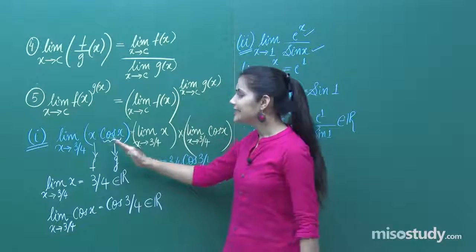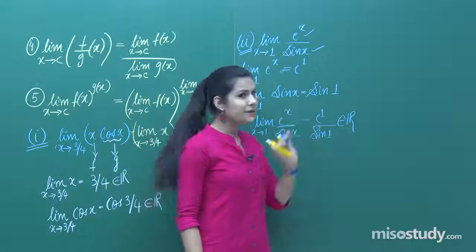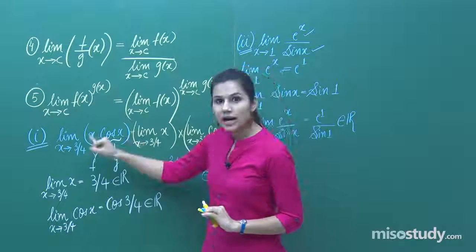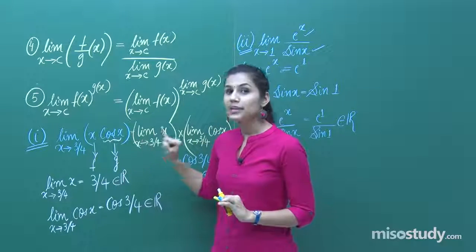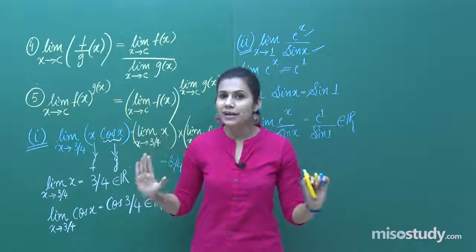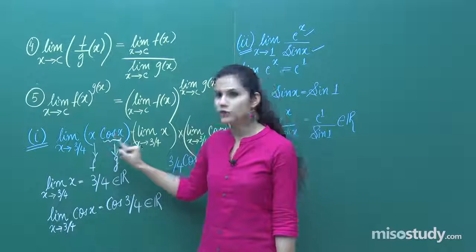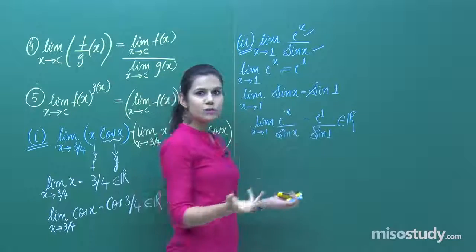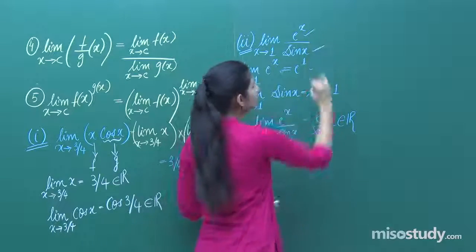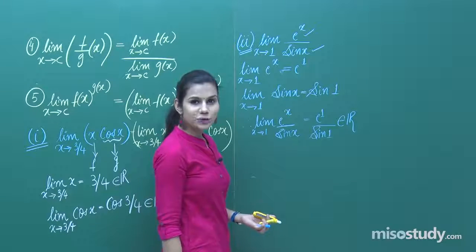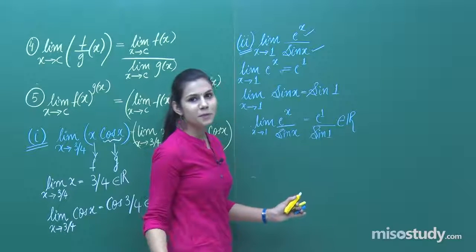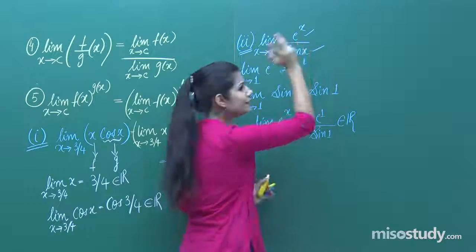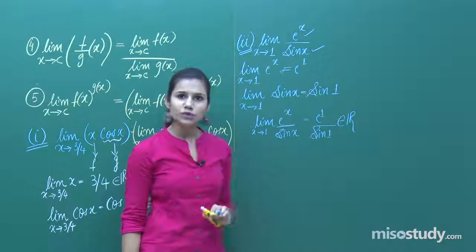Over here, the ideal situation was arising in this example and in this example, wherein the limiting behavior of the product was coming out to be evaluated very nicely just by knowing the limiting behavior of the individual functions at the same point. Here also, very ideal situation, limiting behavior of the quotient was coming out to be evaluated very nicely just by the simple information of the limiting behavior of the two individual functions involved in this quotient.